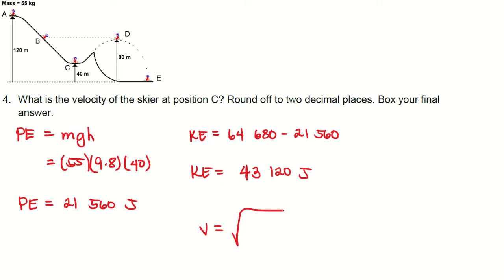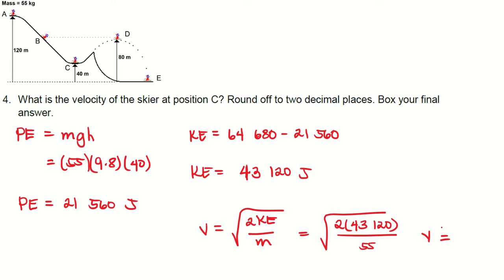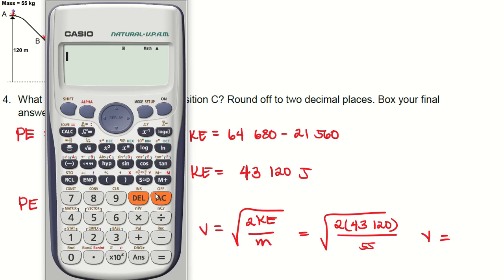The velocity is the square root of 2 times KE divided by m, which is equal to the square root of 2 times 43,120 divided by 55. We'll calculate it in our calculator.